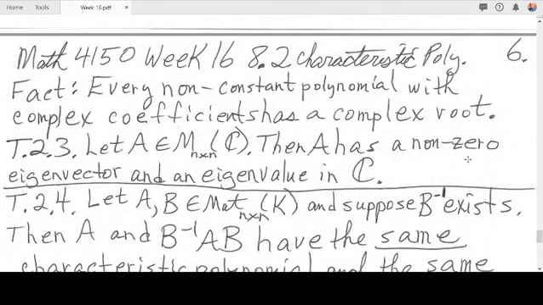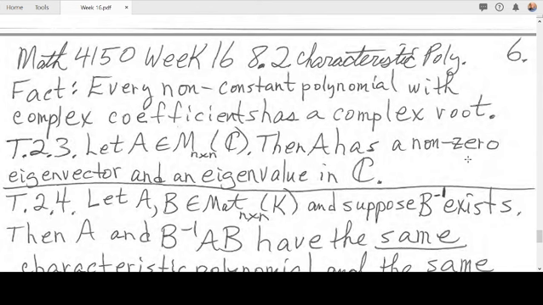Now here's a fact. Every non-constant polynomial with complex coefficients has a complex root. Now, the proof of that theorem is, as they say, complex, pun intended.